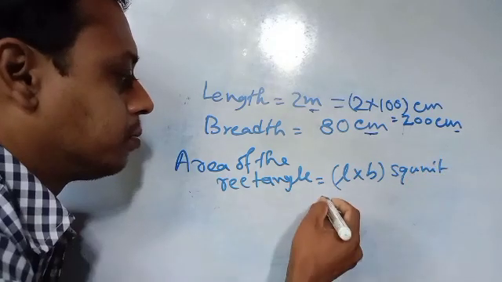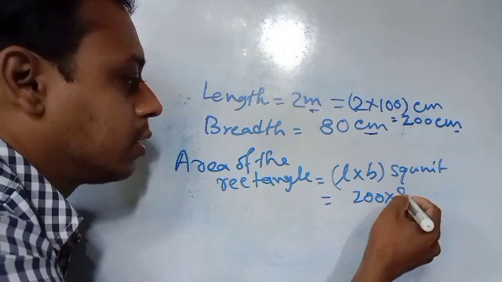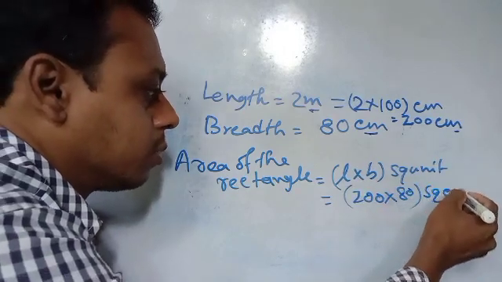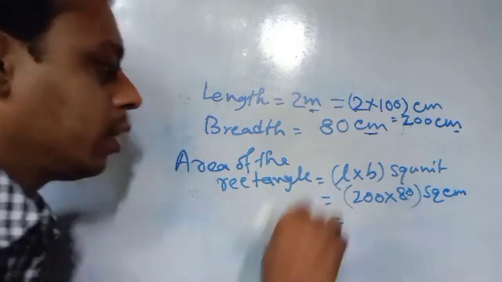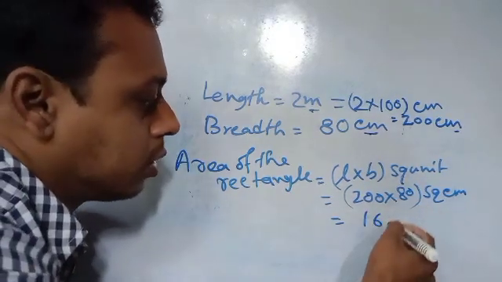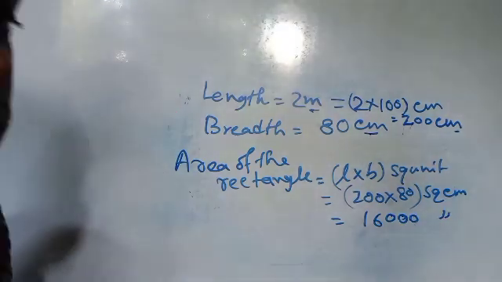Always write the formula. Now length is 200 centimeter and breadth 80 centimeter, so the unit will be square centimeter. Now 200 into 80, if you multiply 8 into 16 and how many zeros? 3 zeros. So 16,000 square centimeter.